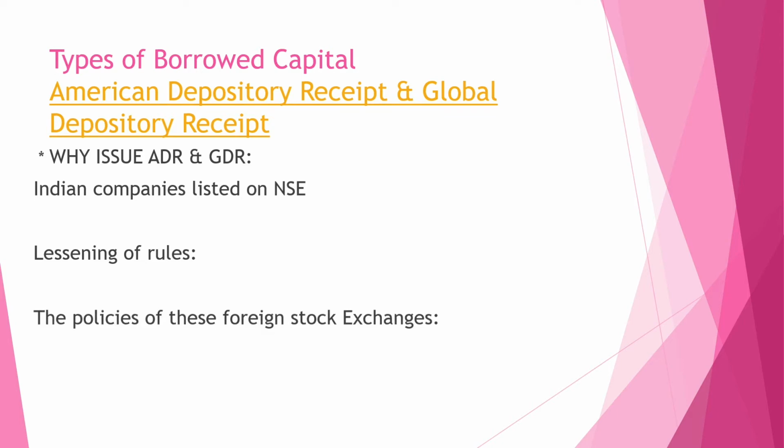The policies of these foreign stock exchanges are different depending upon that country. The Indian companies cannot list their shares directly on these foreign stock exchanges. Due to this, the Indian companies are now listing their shares using ADR and GDR on these foreign stock exchanges.